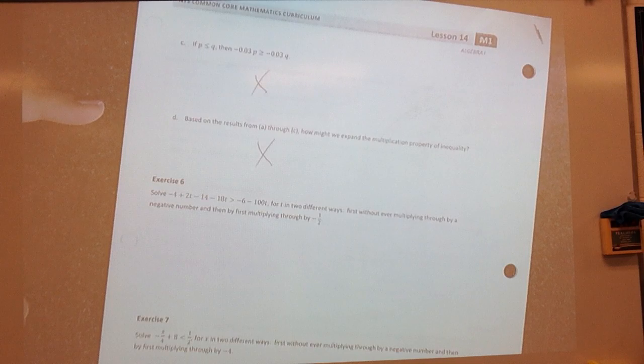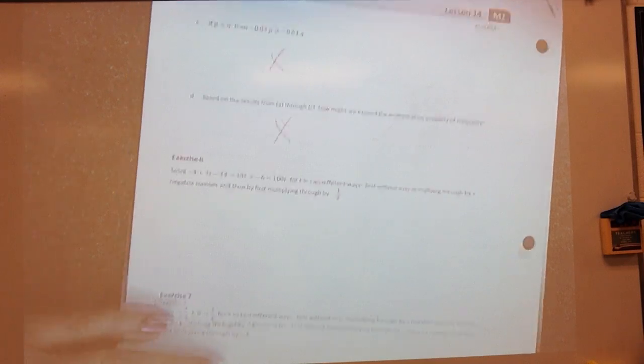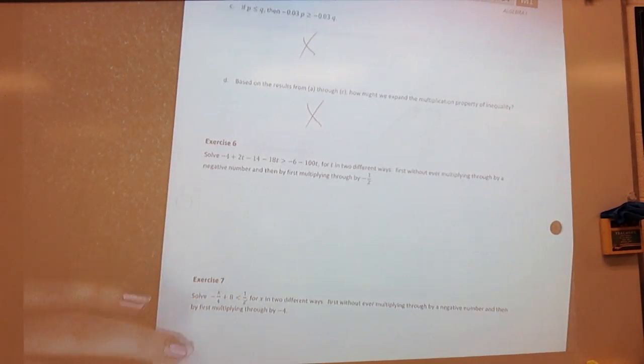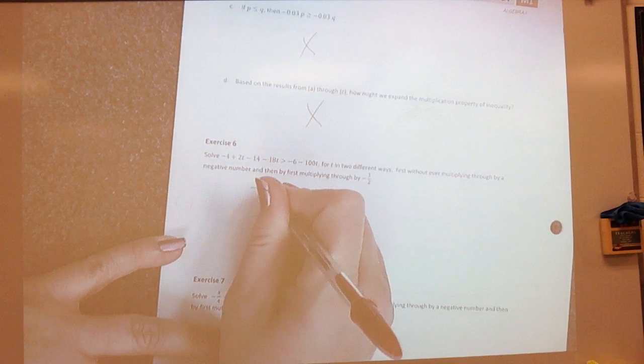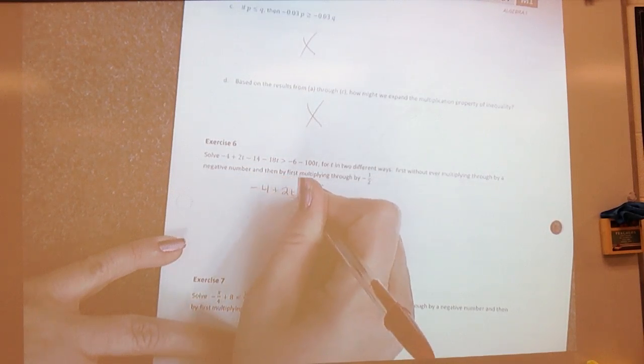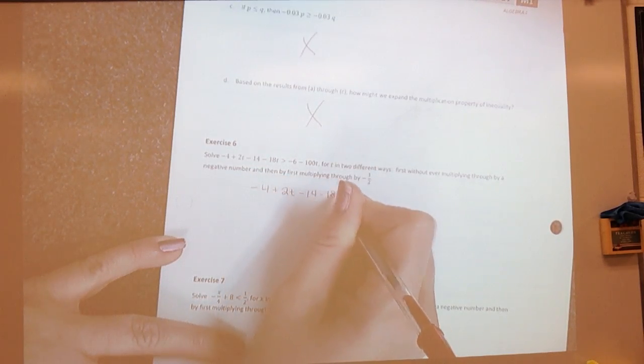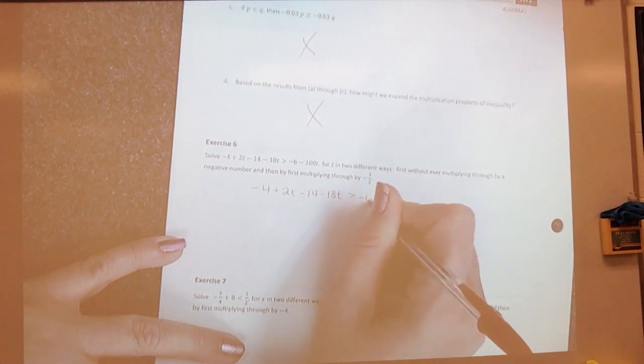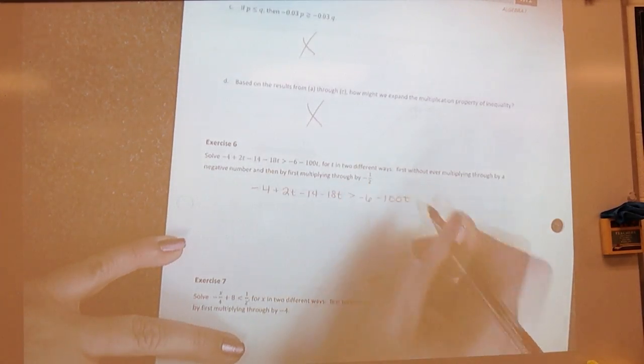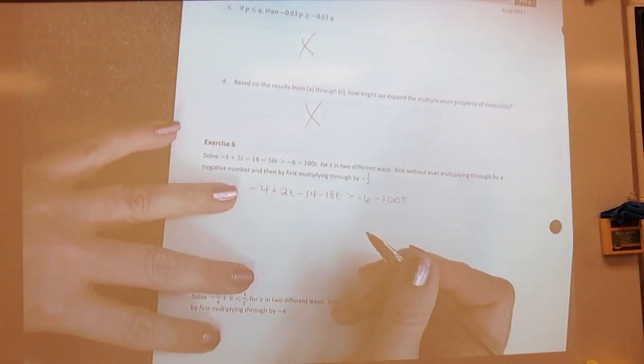First without ever multiplying through by a negative number, and then by first multiplying through by negative 1/2. Guys, at this point in time, I really just want you to be able to solve these. So let's look at how we're going to solve it. Go ahead and combine your like terms.